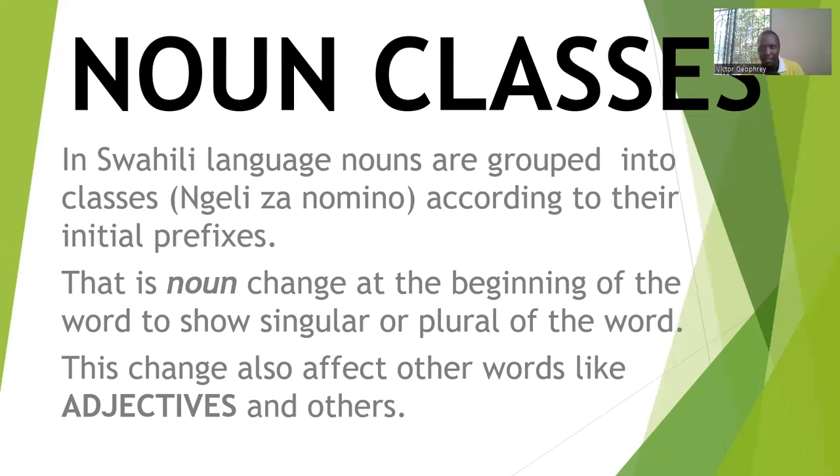And take note of this. In Swahili, we have different theories of categorizing nouns into their classes. But the theory that we're going to use today considers noun classes based on the initial prefix of the nouns in singular and plural.